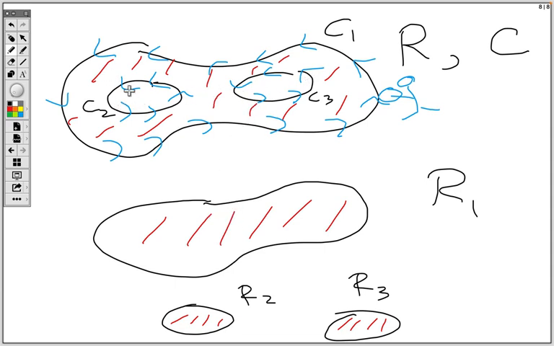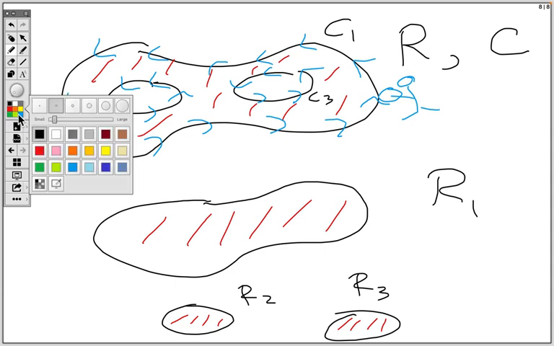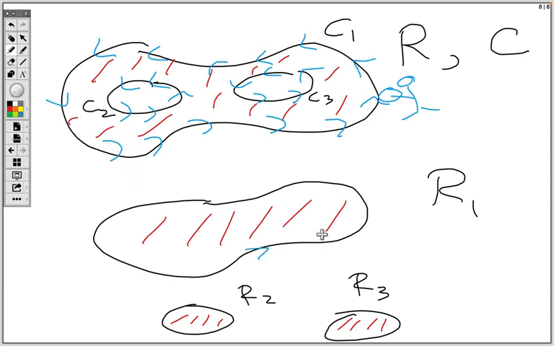So what I could do is I could use Green's theorem. So there's C1. That's got the same orientation as C1 up here. I could use Green's theorem on R1. If I want to use Green's theorem on R2 and R3, well, for R2 and R3, this is how the orientation would be to be counterclockwise.